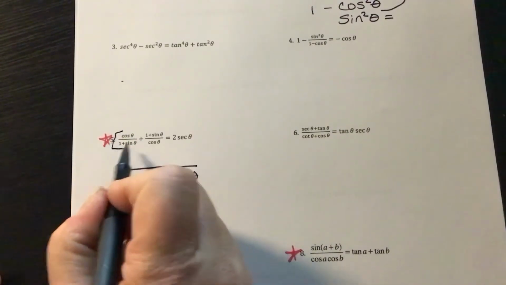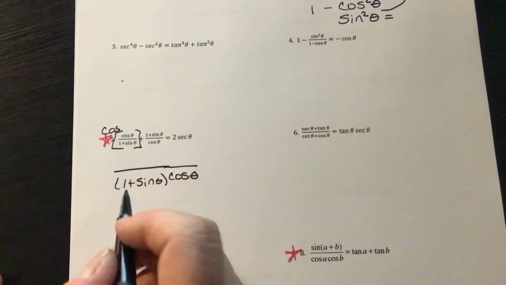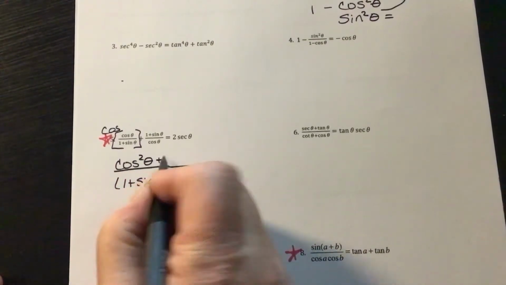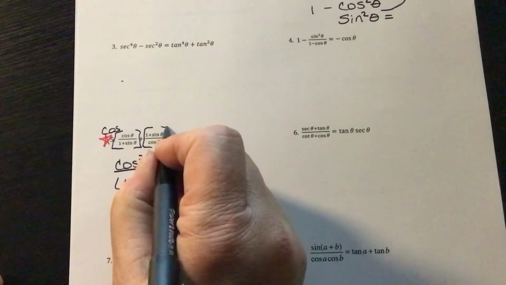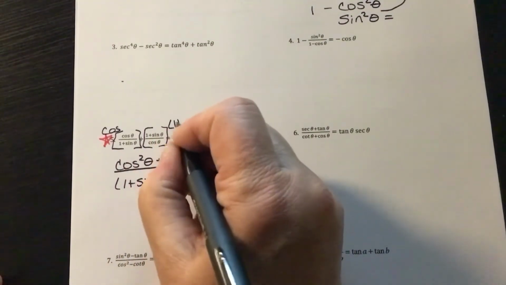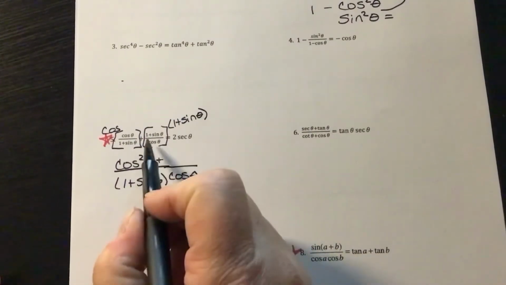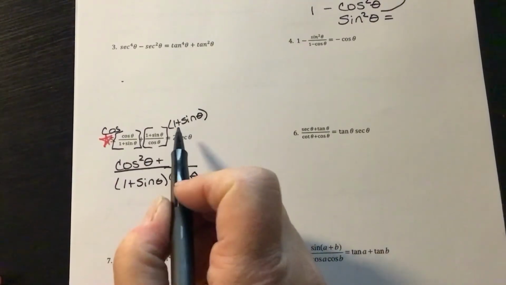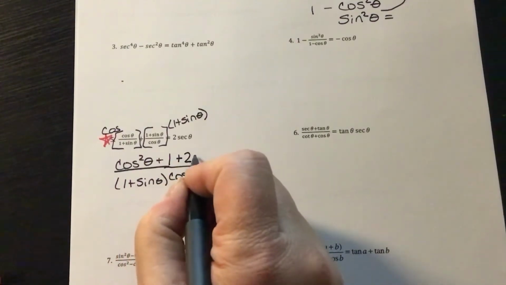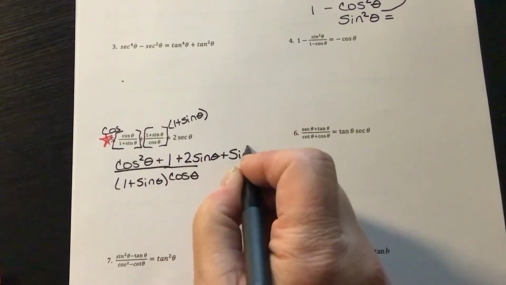So this first fraction I need to multiply by cosine. So this is going to be cosine squared. And on this side I have to multiply by 1 plus sine of the angle. So this is a square of 1 plus sine. So this would be 1 plus 2 sine plus sine squared.